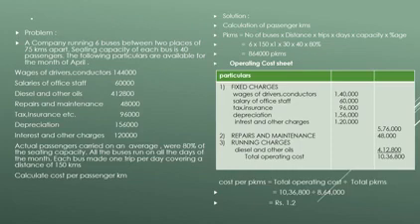So number of buses 6 into distance 150 kilometers into trips 1 into days 30 into capacity 40 passengers into percentage carried 80%. So the total passenger kilometers will be 8,64,000 passenger kilometers.